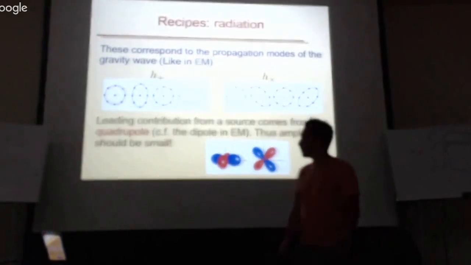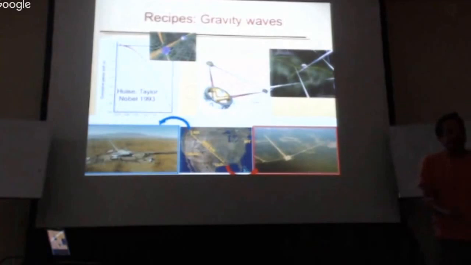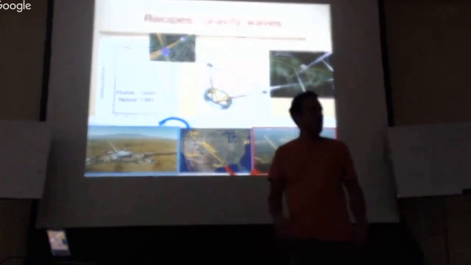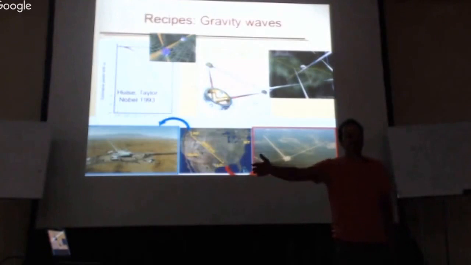So, physically, what does it mean? Well, what it means is that, if we have flat space-time with nothing there, GR predicts that there could be waves traveling through that.